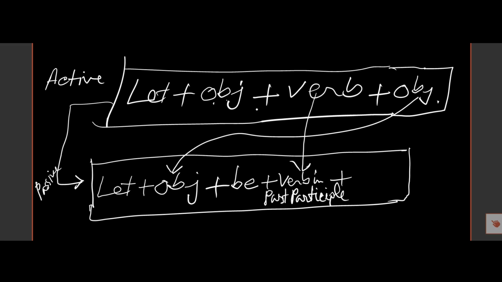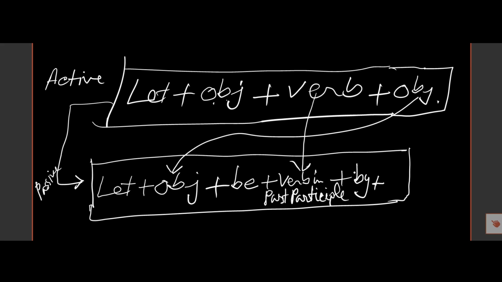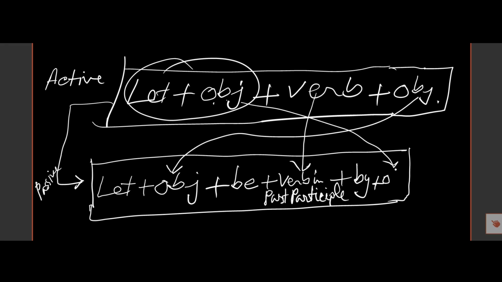As we see here, the active voice begins with let plus object, so we must put here by, then this will be changed into object, here object, full stop.